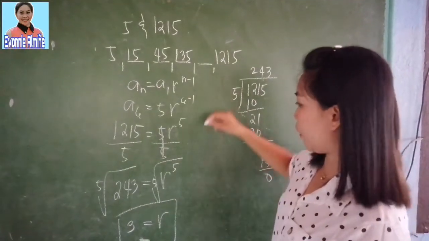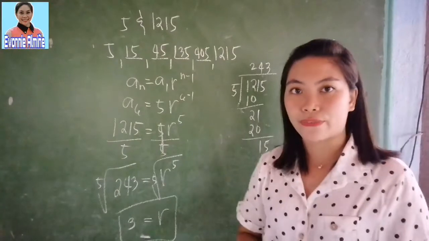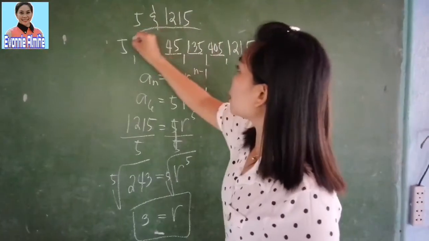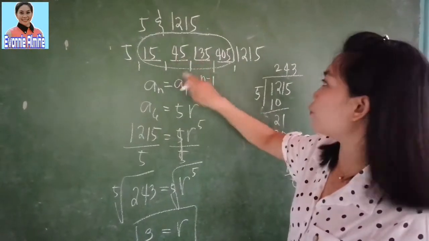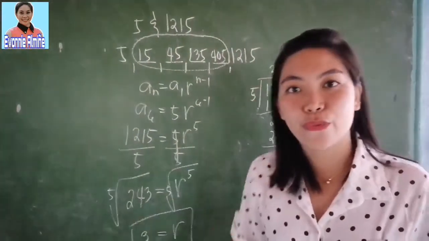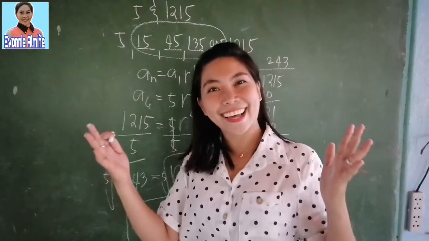Multiply it by 3, you have 15 carry 1. So 405. Therefore, our geometric means are 15, 45, 135, and 405. Tada!